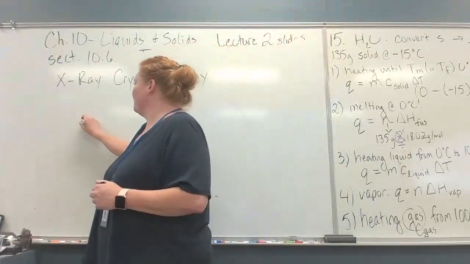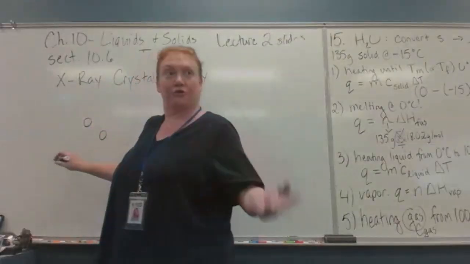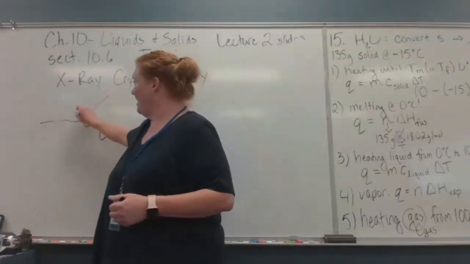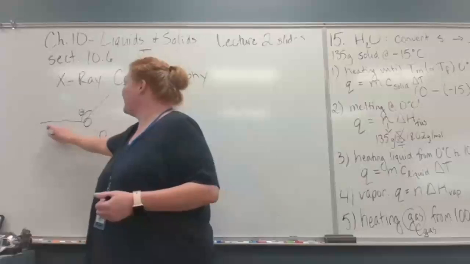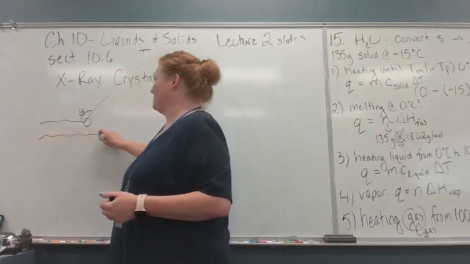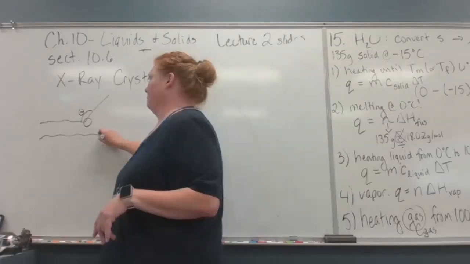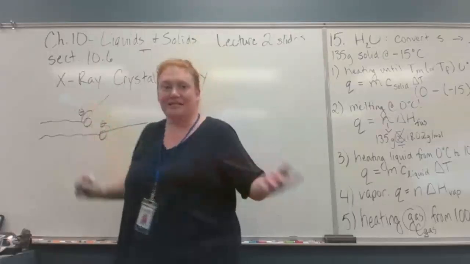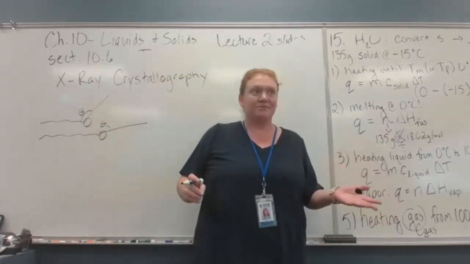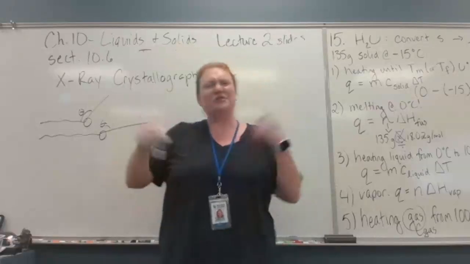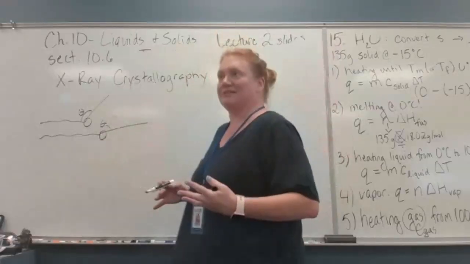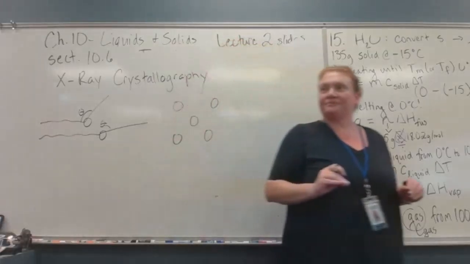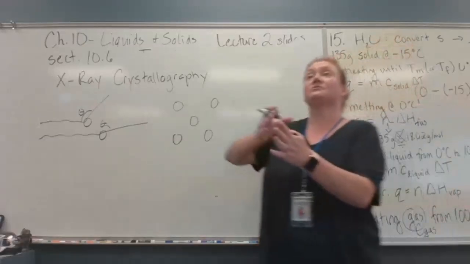If you have an atom here and an atom here in your crystal, and the X-ray hits and bounces off at that angle, as opposed to when the X-ray hits here and it bounces off at that angle, we can determine mathematically the difference between those angles. Then we do some other math, and that tells us what order the atoms are in. It gives us a repeating pattern.